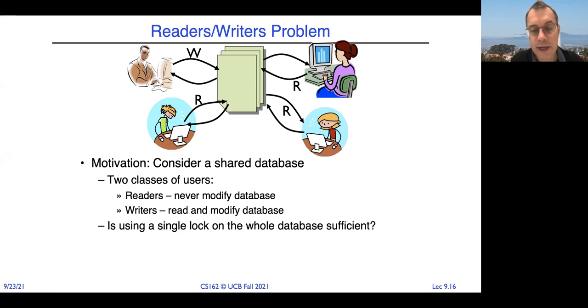They don't need to wait after each other. We are not going to solve this problem here. We are going to solve the first problem on multiple readers. We should allow them to read the database if there are no writers.